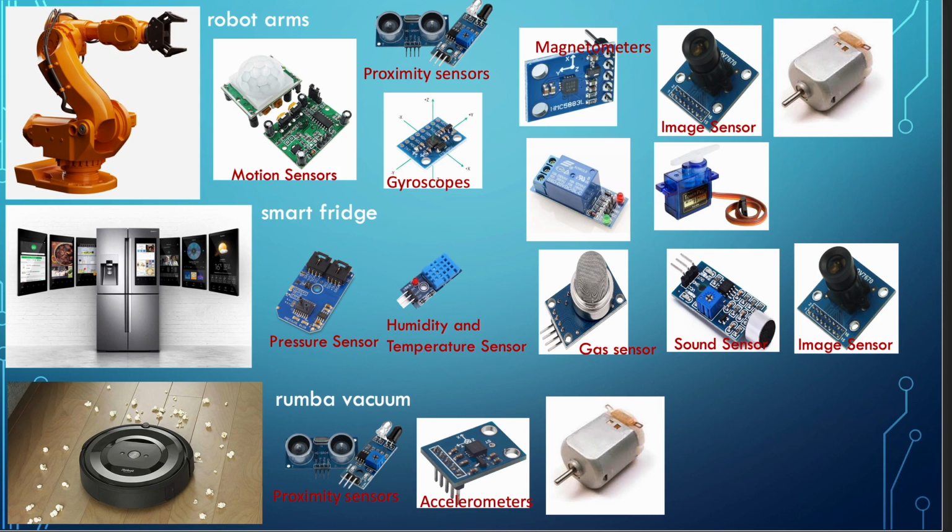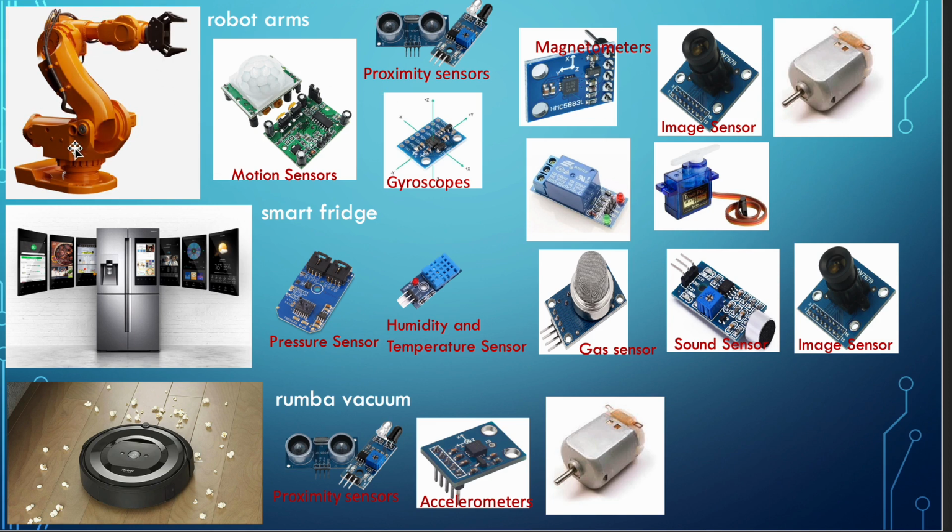If you see this example, inside these IoT devices, if you take the robotic arm, you will see there are motion sensors, proximity sensors, gyroscopes, imaging sensors, magnetometers, relays, servo motor, in the perception layer. These sensors are all inside this robotic arm.